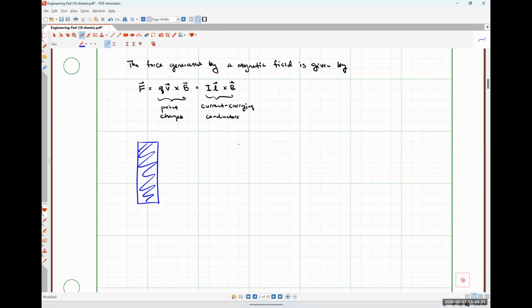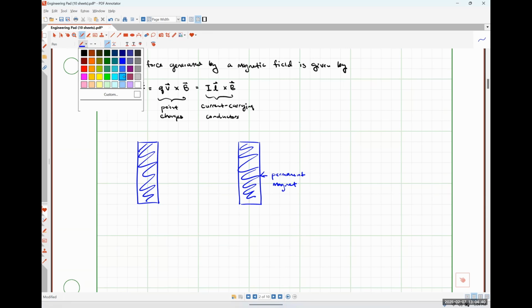And I'm going to put another one of these bad boys over here like so. And the field that's generated by this guy is going to be to the left. Okay.